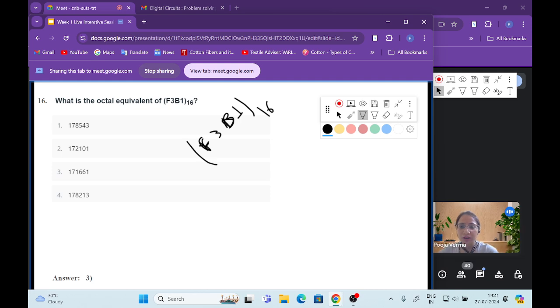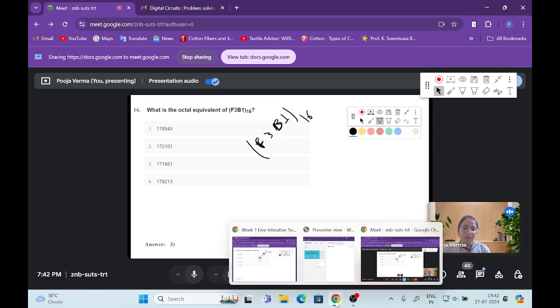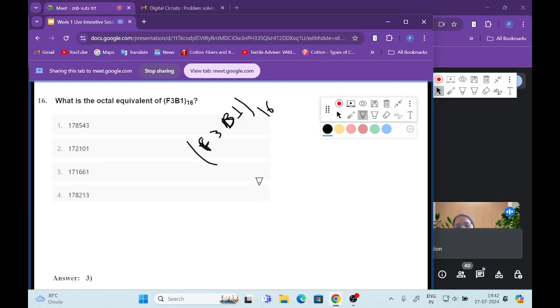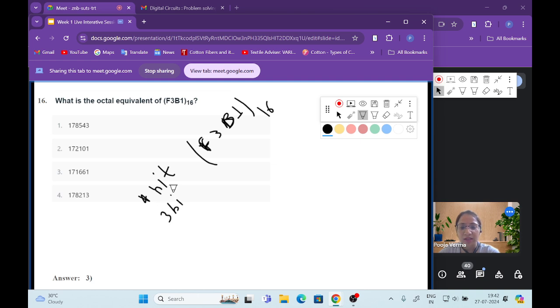So what is the octal representation of this hexadecimal number? As we know it is given in hexadecimal, first we need to convert it into a binary number, because a hexadecimal digit is a 4-bit binary representation, and for an octal number it is a 3-bit binary representation.